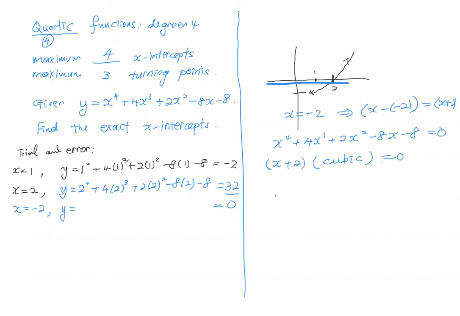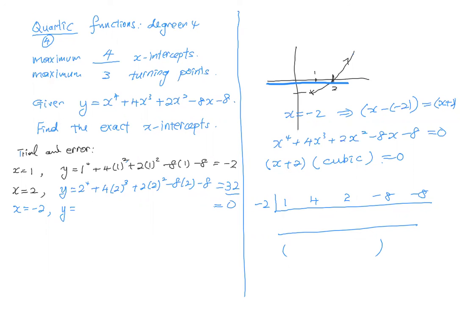If you use your synthetic division, you put here negative 2, and you do your process. So here you get your cubic. So from your cubic, you go on again, like what you did for your cubic. Are you clear?